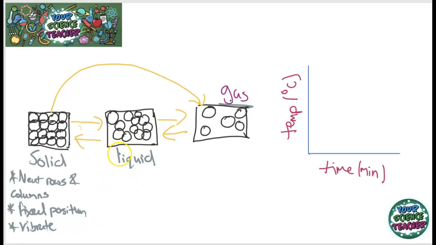Now, in a liquid, you can see that not all the particles are in rows and columns. They're not in a regular pattern anymore. However, it is still important to remember that the particles do still touch.